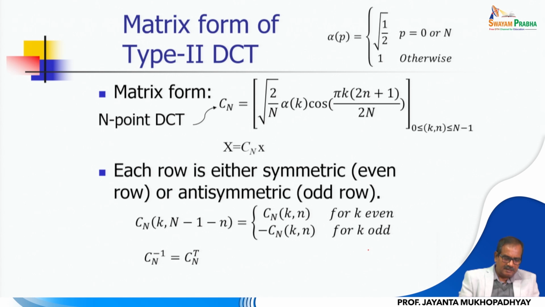If I take the transpose of Cn, where T is the transpose of a matrix, the inverse of this transformation matrix is simply its transpose. So, if I want to compute the original input vector from its transform vector big X, I can write it as Cn inverse X, which is equal to Cn transpose X. So, the computation of the inverse becomes simplified.